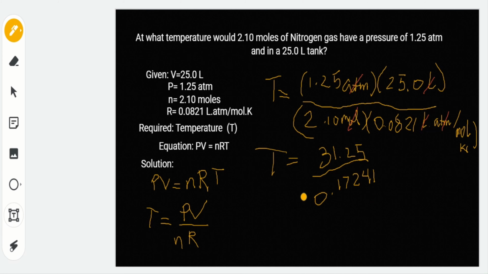Okay, so kunin natin yung ratio nila, 31.25 divided by 0.17241. That is, okay, so our temperature in Kelvin is equal to 181 Kelvin. Okay, so ito ngayon yung ating temperature.